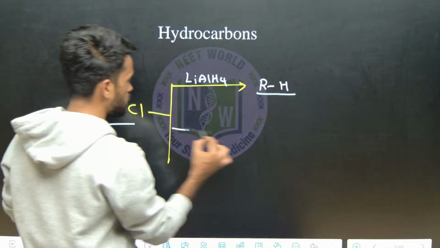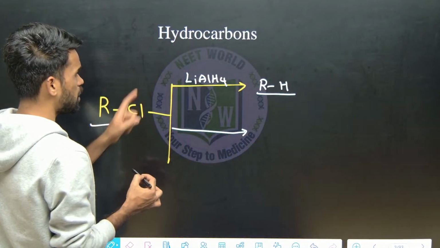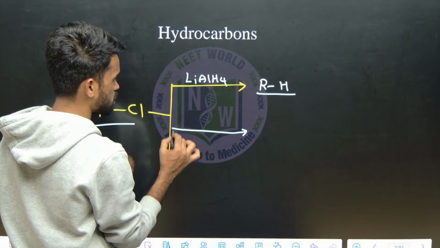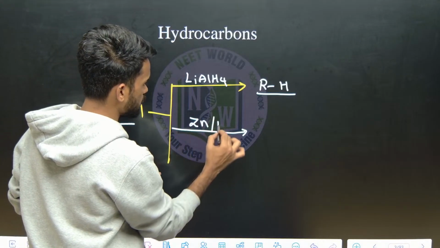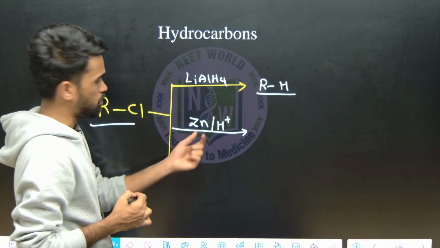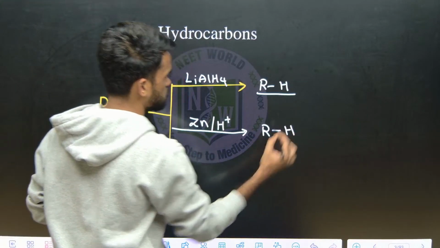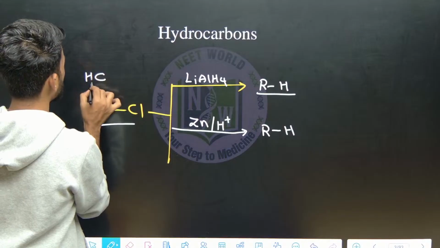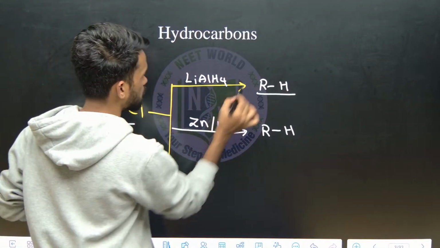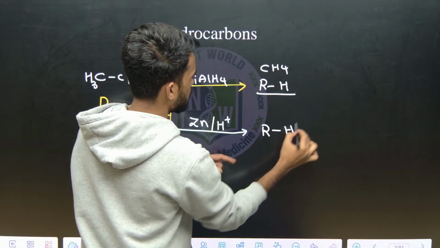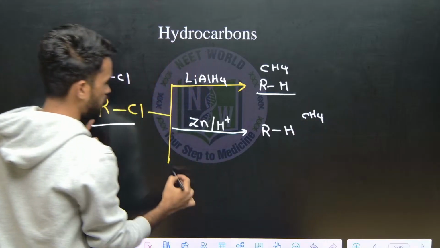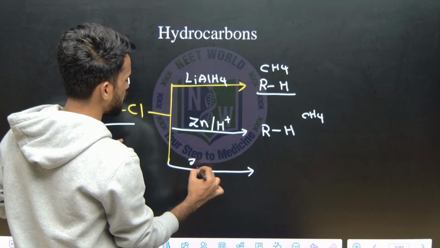The next one is zinc metal and HCl, an acid reagent, which also produces the respective alkane. For example, if it is methyl chloride, then you will get methane here, and here also you will get methane.